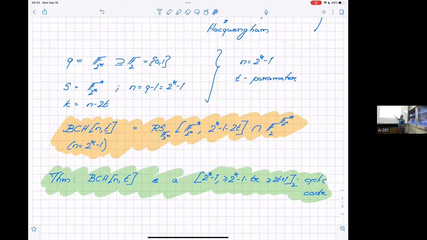Previously we only saw two code words, 0 and 1. Here I am claiming that there are 2 to the power of that dimension. So for constant t like 5 or 7, that's a lot of code words in the BCH code. What is it? 2^r minus 1 minus tr.